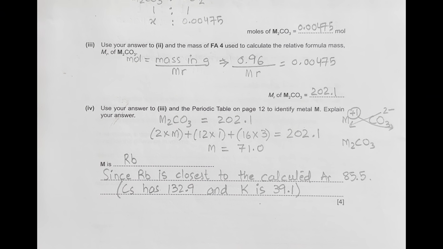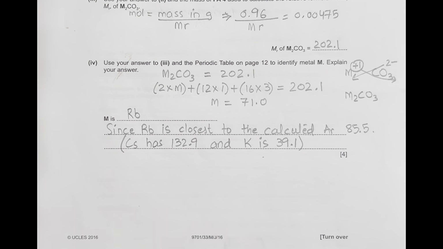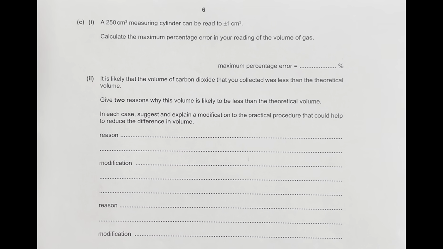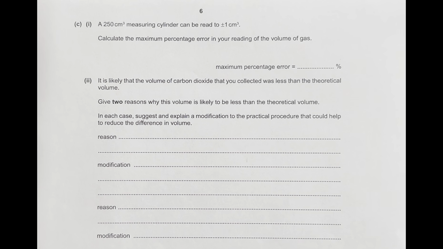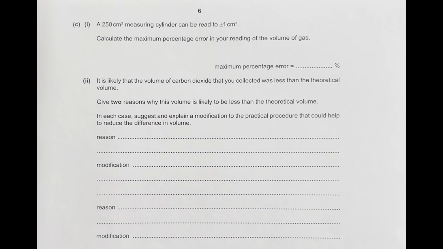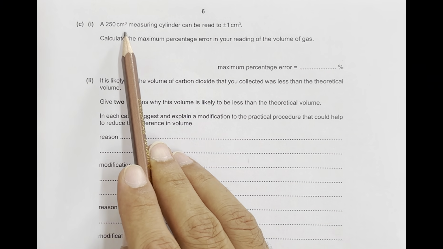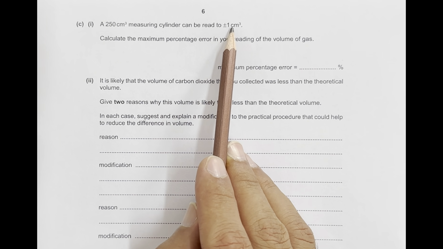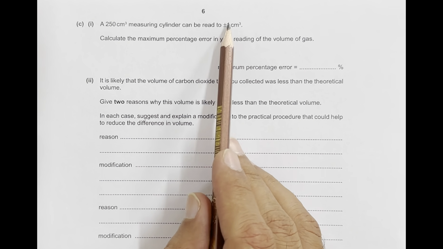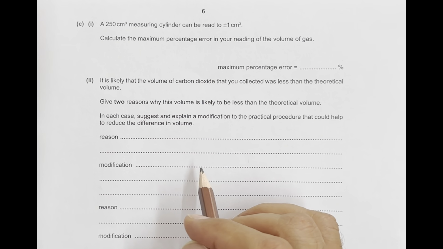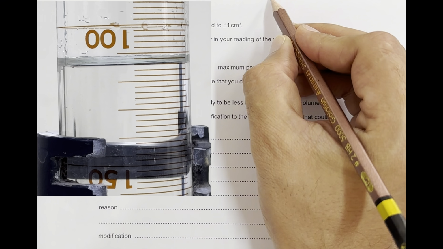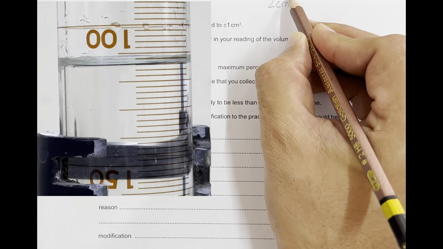Now let's move on to the next part, which says C1. A 250 centimeter cube measuring cylinder can be read to ±1 centimeter cube, which is actually the error, because we have seen in our measuring cylinder, the least count was 2 centimeter cube.